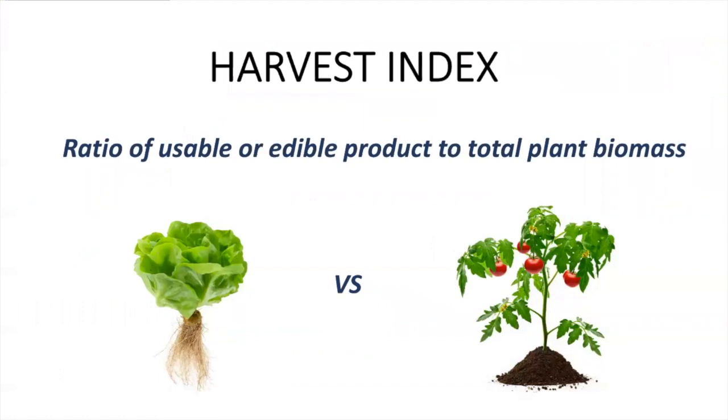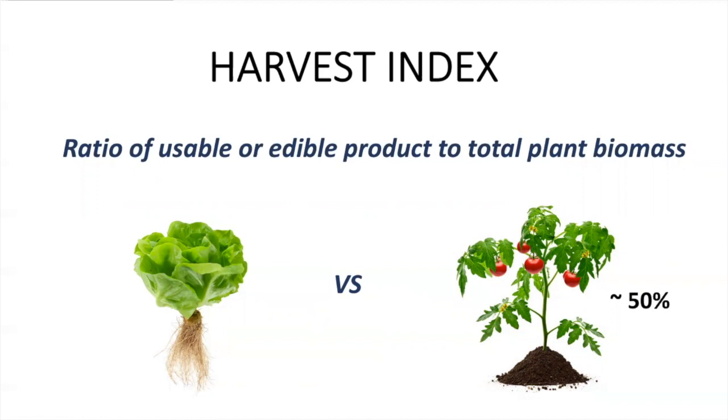Harvest index is the ratio of usable or edible product to total plant biomass. For example, for many crops, we consider a harvest index around 50% because we grow a plant and we harvest fruit. Therefore, we're consuming about half of the total plant biomass.